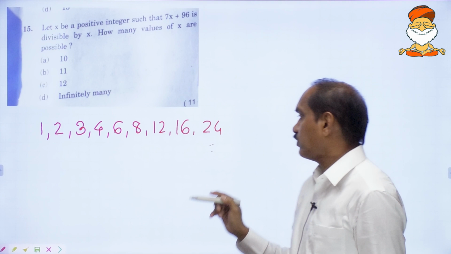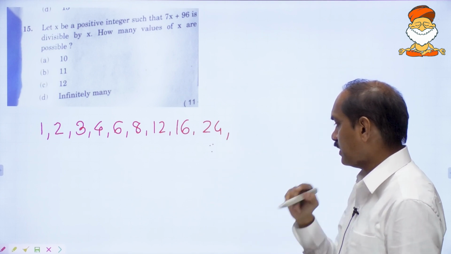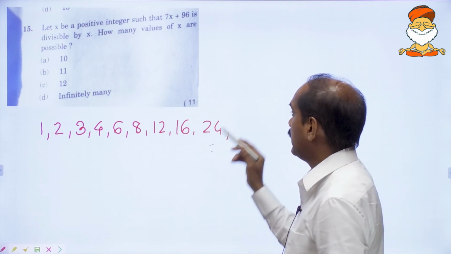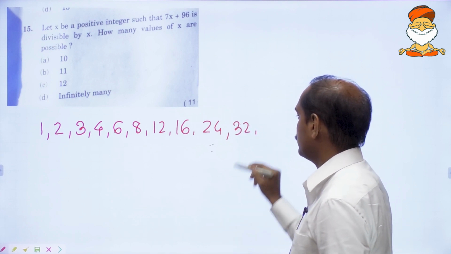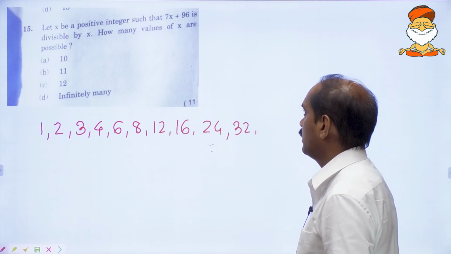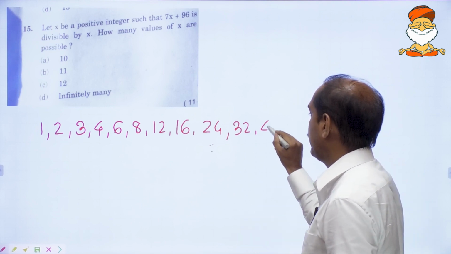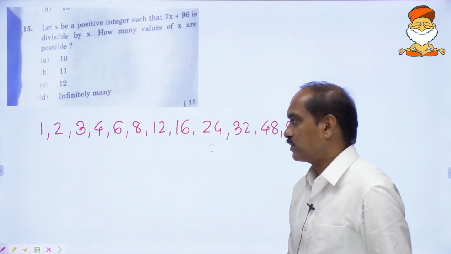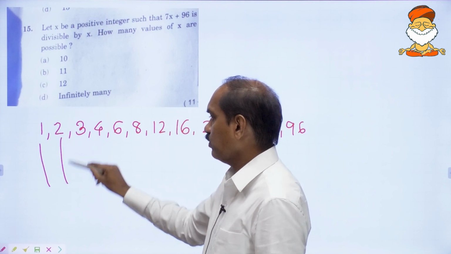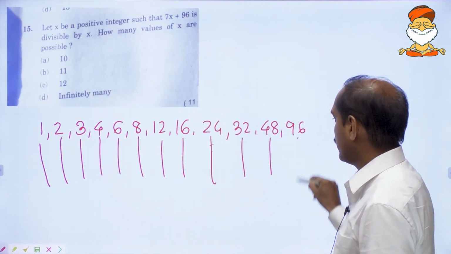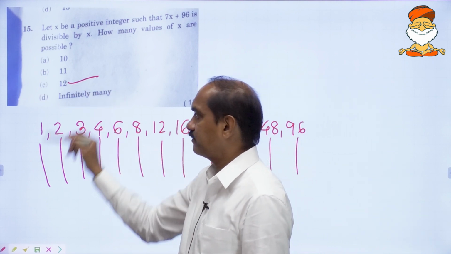So 24 is there, then what else? 28, no. 32, yes. 36, no. 40, 44, 48, and after this straight away it is 96. So how many are there? 1, 2, 3, 4, 5, 6, 7, 8, 9, 10, 11, 12, and that is the final answer.